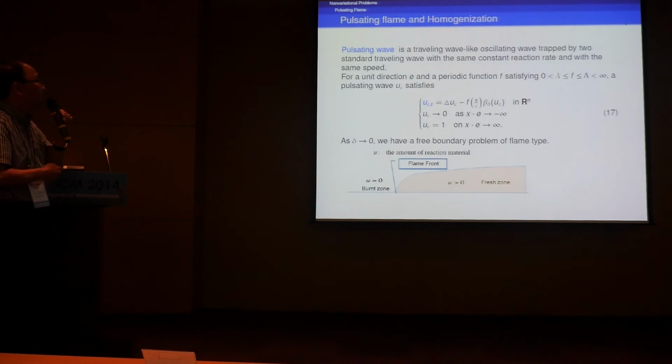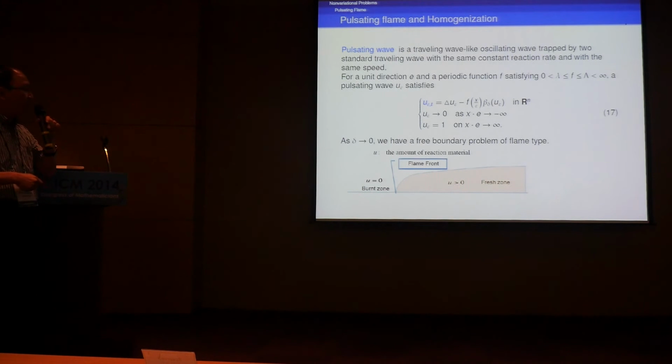And if you look at the parabolic version, then there is a pulsating wave, which is like an oscillating wave, trapped by two standard traveling waves with the same constant reaction rate and with the same speed. The only difference is I put the time derivative right here. If this is zero, then that is the problem that we considered.